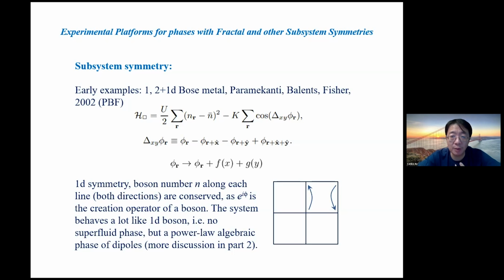I will get back to this later in the second half of my talk. The bottom line is that because of this one-dimensional subsystem symmetry, this 2+1 dimensional model behaves a lot like a 1+1 dimensional model.